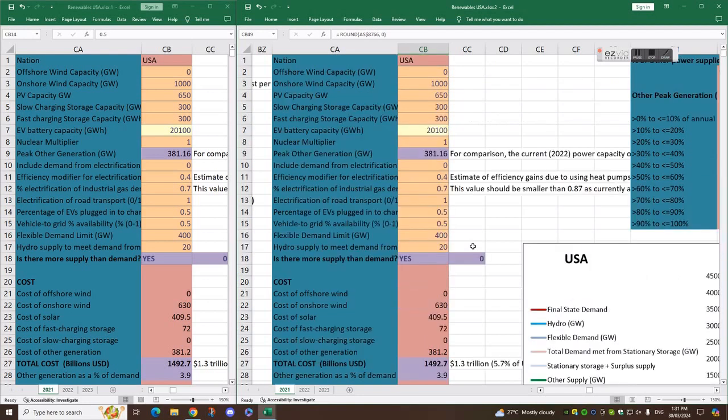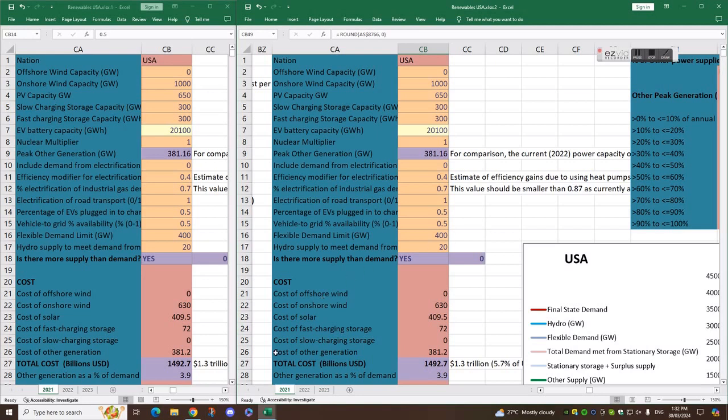So on a 100% renewable grid, chances are you wouldn't need to add a lot of extra generation to supply the electricity needed to run all those electric vehicles. You would already have that generation. It's just that some of it would have been surplus to the current demand, the demand without the electric vehicles.